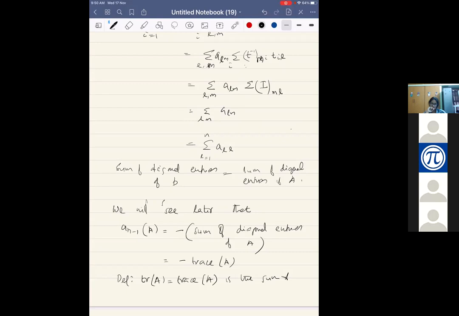So what do we know about that? That is equal to 1 if m equals l and equal to 0 if m is not equal to l. So you need a symbol to say that. That's called the Kronecker delta.